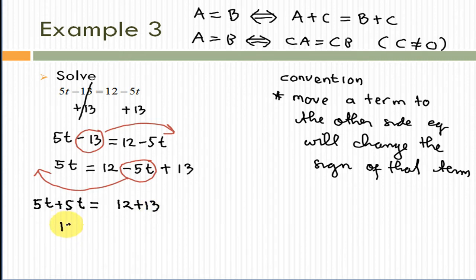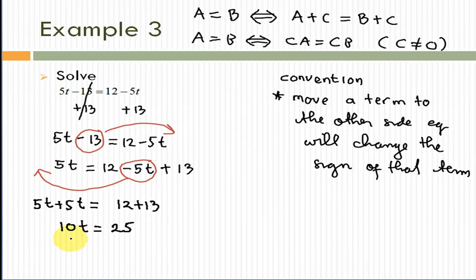5t plus 5t is 10t. 12 plus 13 is 25. Now to get rid of this 10, because we want to isolate only t, we want to get rid of that 10. And to do that, we can use this property. We can multiply both sides of the equation by 1/10.